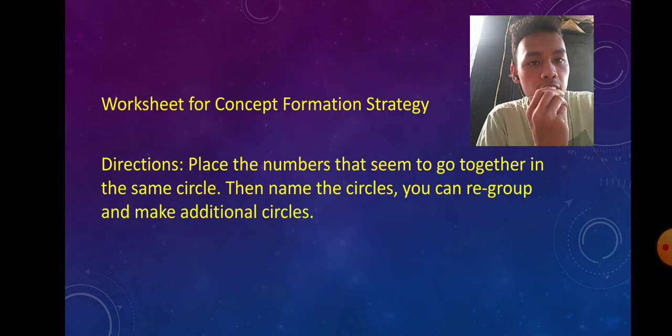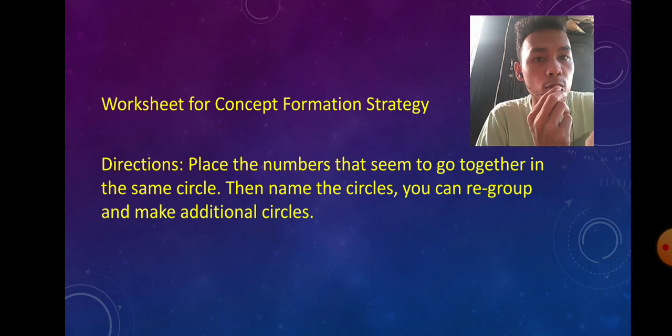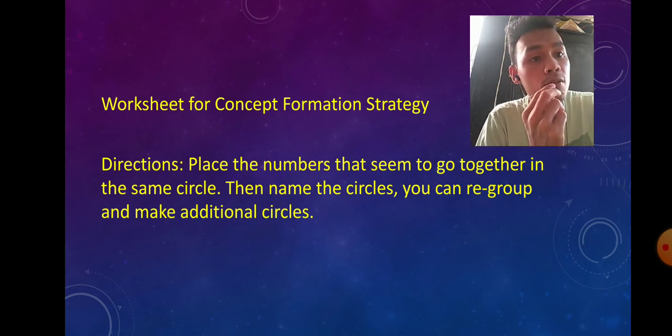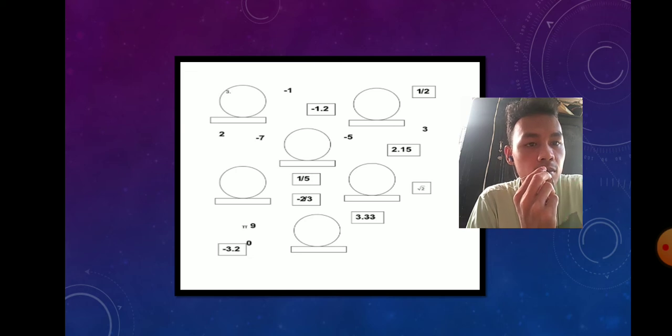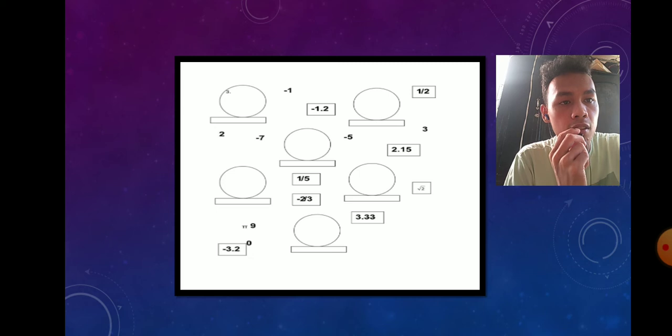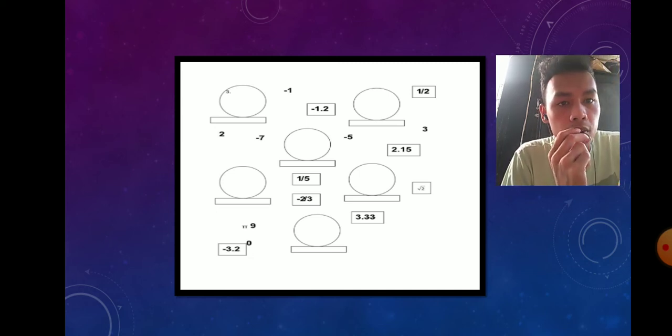So it's something like an activity or a worksheet example of the concept formation strategy for the students. These are the directions. After that, you need to present the actual worksheet. Then these are the examples.